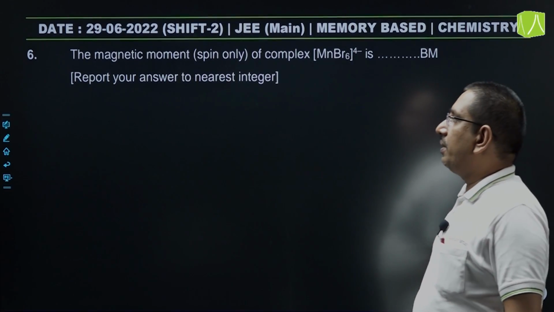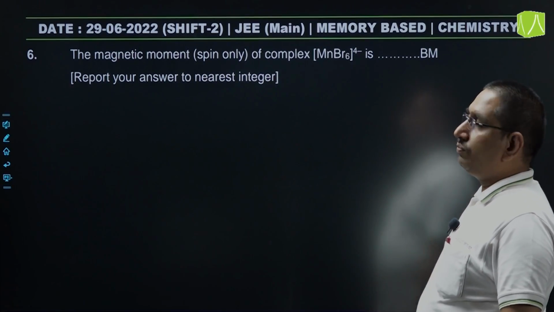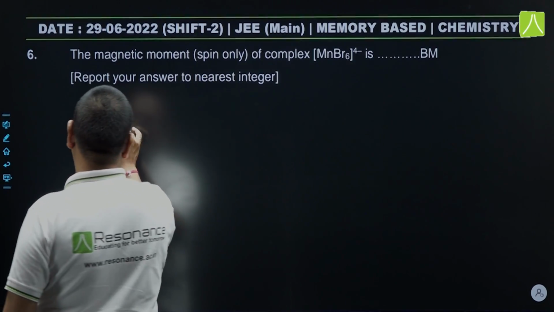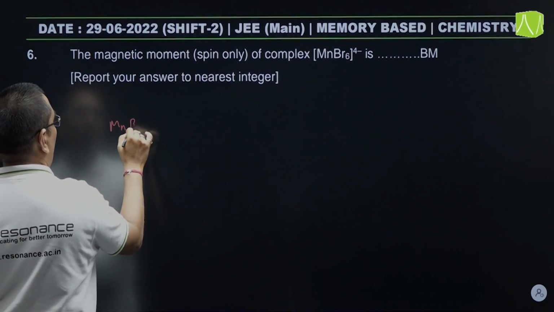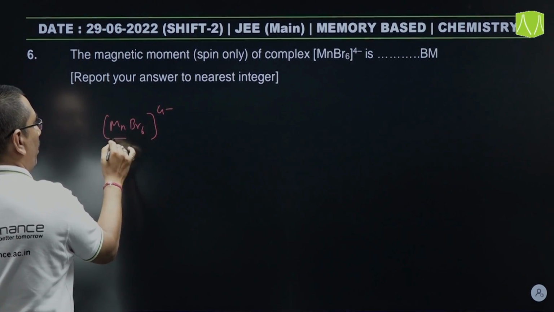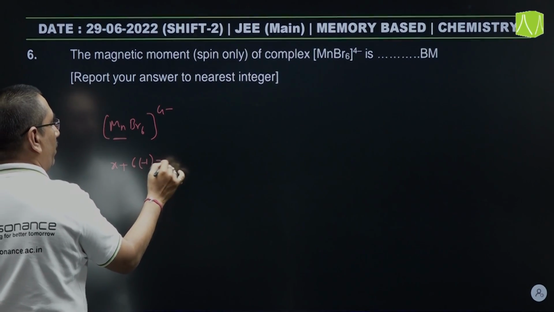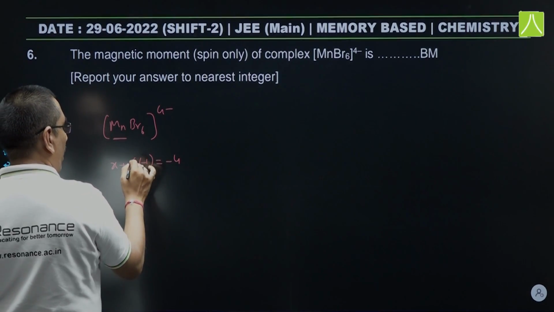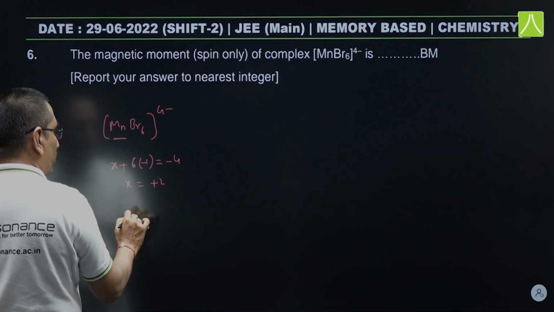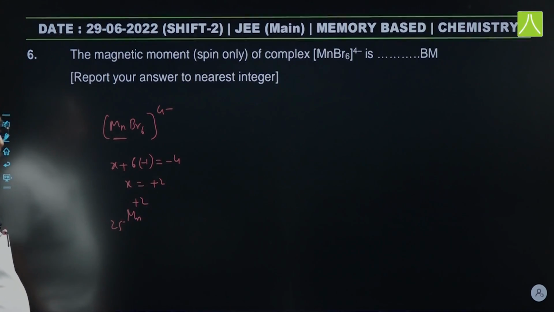Next question. The spin only magnetic moment of the complex MnBr6 4 minus is. In MnBr6 4 minus, if you calculate the oxidation state of Mn, x plus 6 into minus 1 equal to minus 4 and x equal to plus 2, that means Mn is in plus 2 state. So, its atomic number is 25.